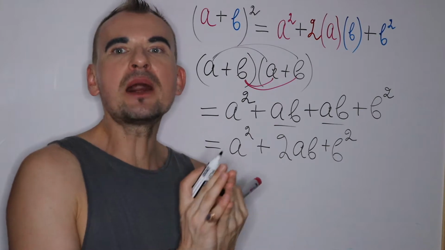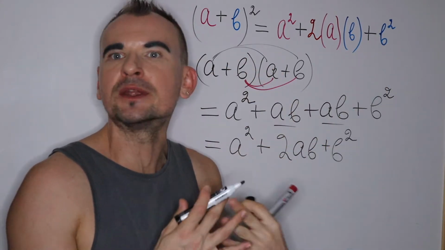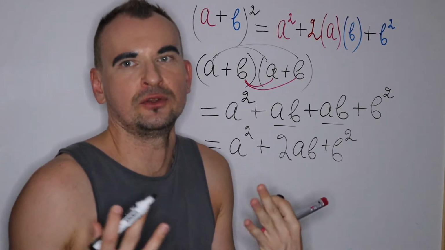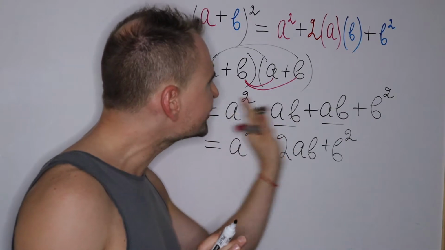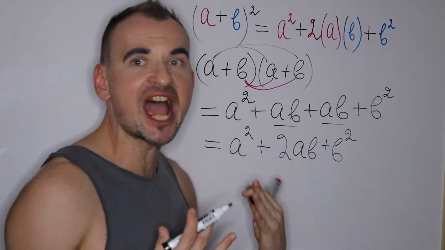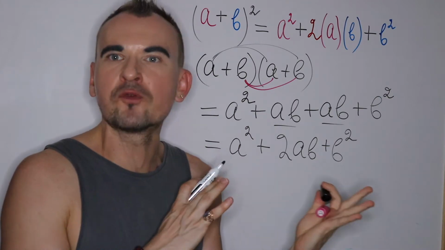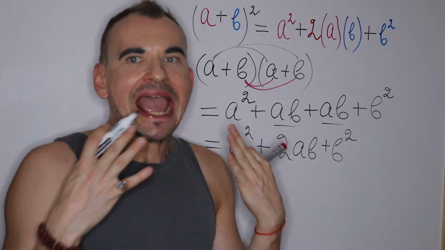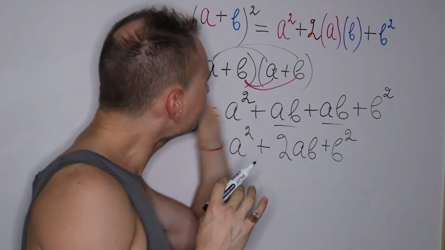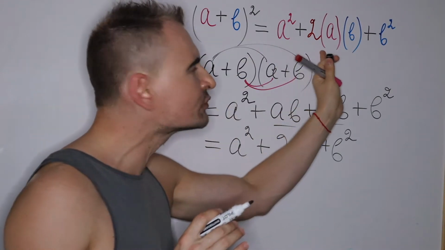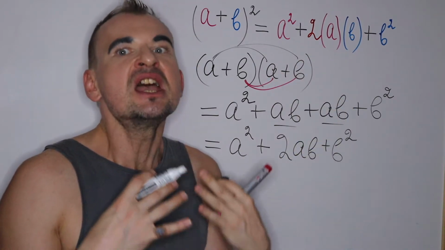Many people don't use this shortcut. They don't remember it, they don't know it, or I don't know why. For me personally, I would never expand it the long way because it's tedious, it takes time, and time is precious, especially when you sit for a proper exam and you run out of time. So it's a good policy, a good rule, to just remember this shortcut that saves time.